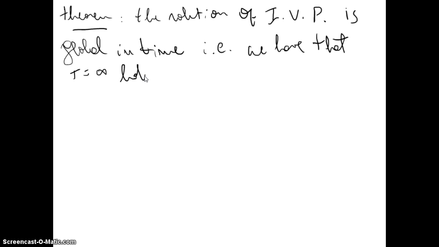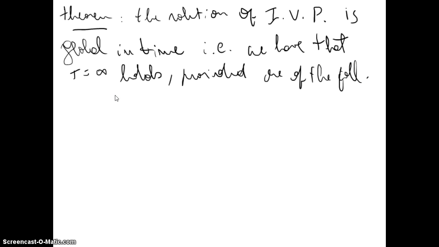This holds provided one of the following conditions. So when will we have global solutions? First, if lambda is greater or equal to 0.